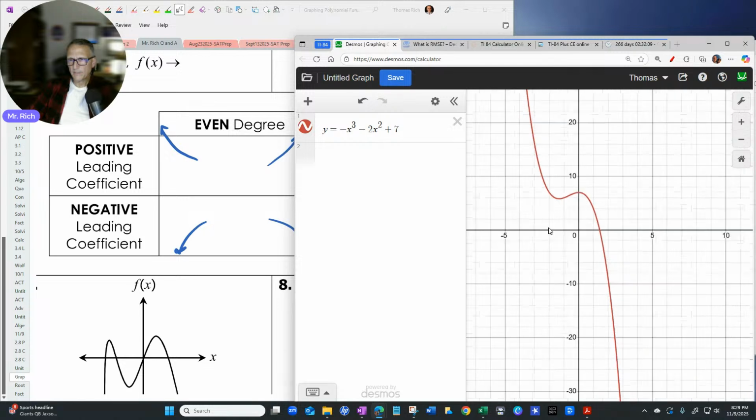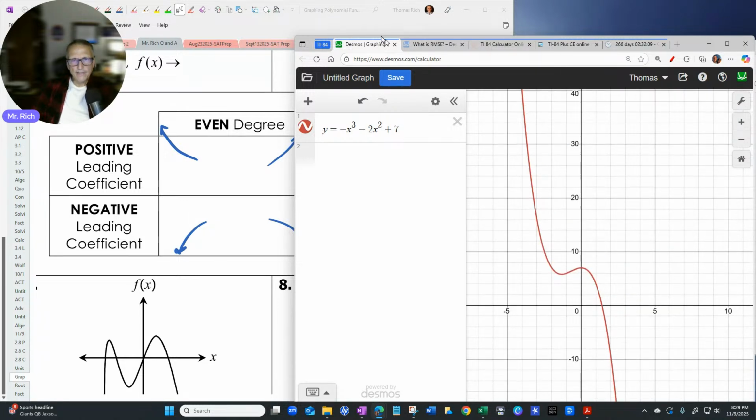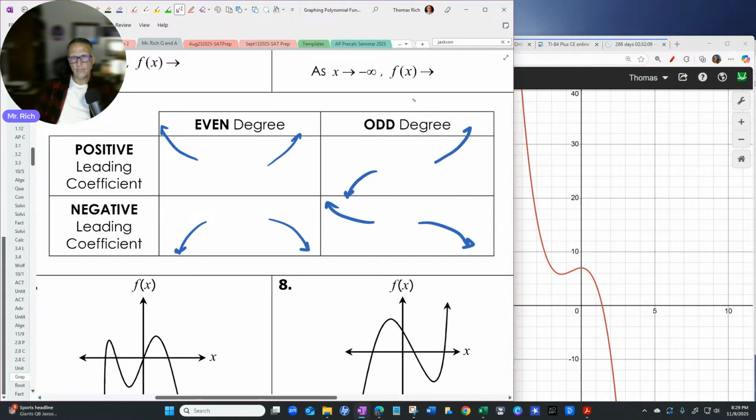Okay, and then you look at this function, you can see that the degree is an odd degree, but there is a negative in front of the leading term that has the highest power. And so therefore it's going up to the left, down to the right on the extremes. And so it's following this trend right here. That is what you're going to be taught if you haven't learned it already. It's called end behavior of your polynomial graph.